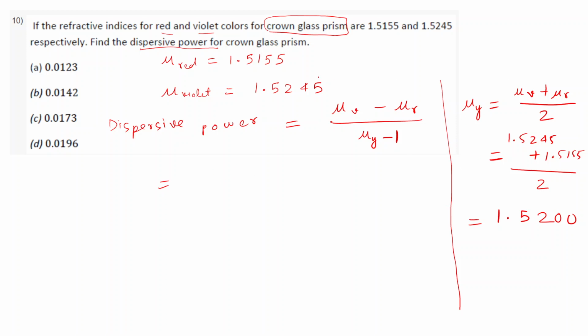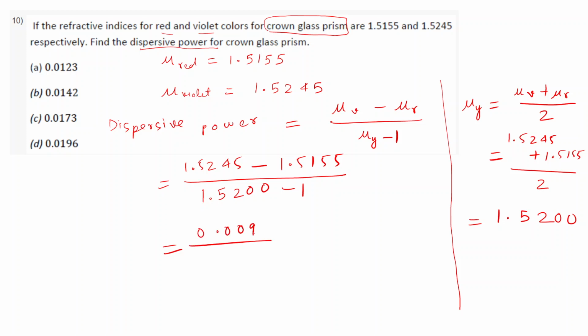So we will substitute all these three values here. Refractive index of violet light is 1.5245, minus the refractive index of red light, 1.5155, divided by the refractive index of yellow light, 1.5200, minus 1. 1.5245 minus 1.5155 will give 0.009, and in the denominator it will be 0.5200.